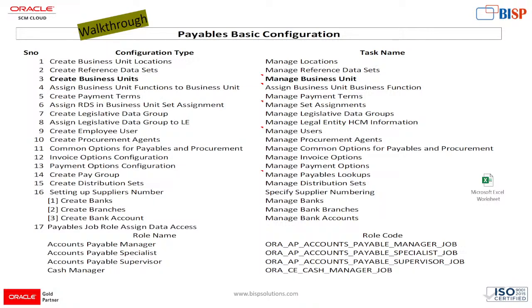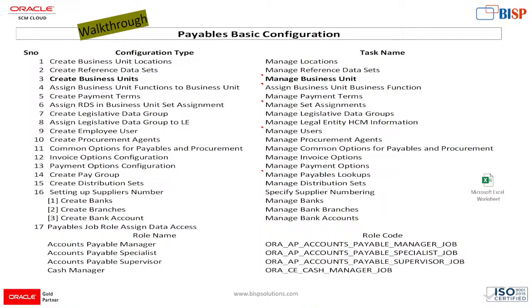Distribution set is not mandatory, but we will go through that as well. And then set up a supplier number. This is very much required. When you create a supplier, the supplier numbering should be provided. Even in a fresh instance you provide it; it is a one-time activity, and you provide that number, and only then can you create the supplier.